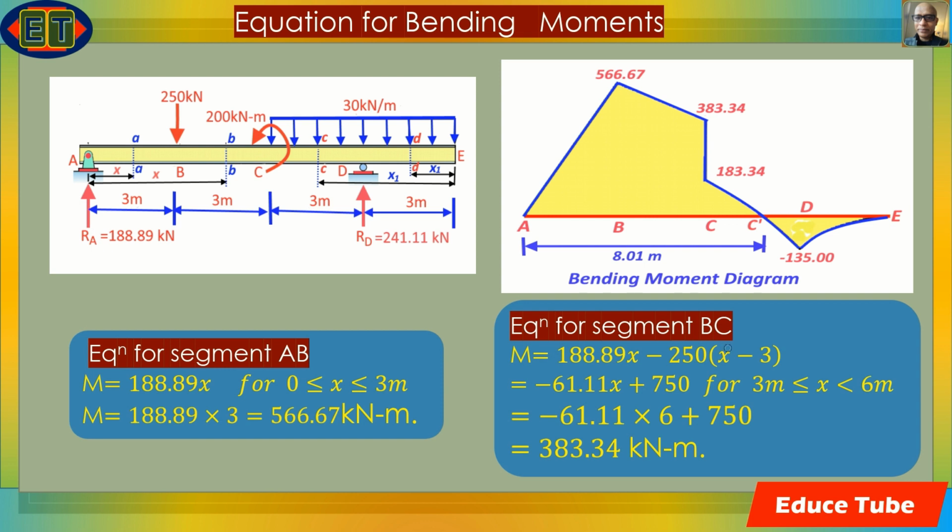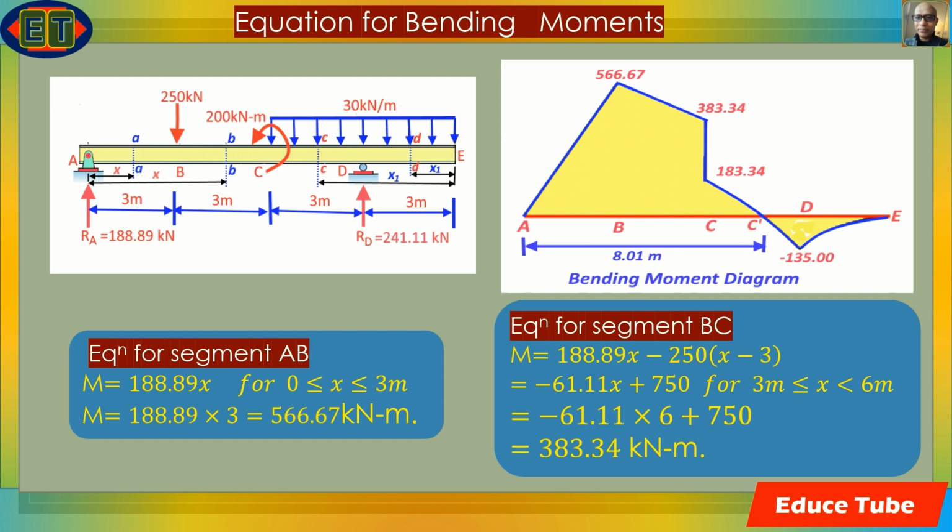For equation for segment BC, it will be 188.89x minus 250 into x minus 3. Here 250 into x minus 3. It's very clear.